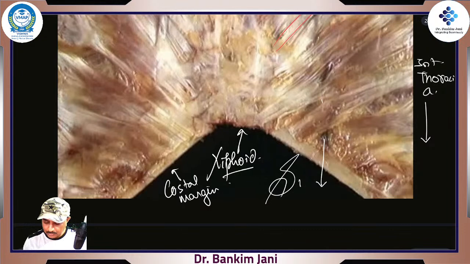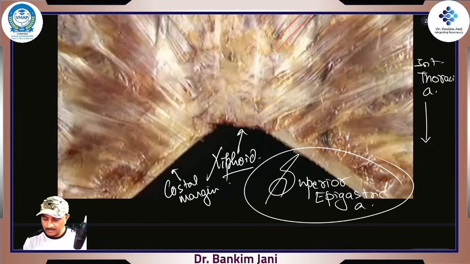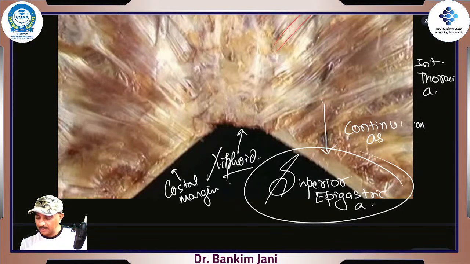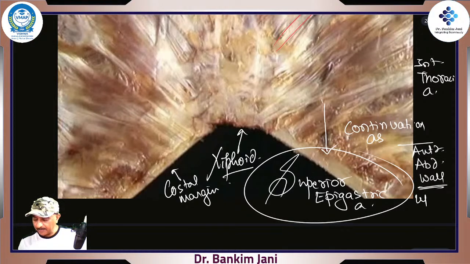It is superior epigastric artery, right? This is the direct continuation, right? It is the continuation as, and that is what will be supplying anterior abdominal wall, right? Upper part.